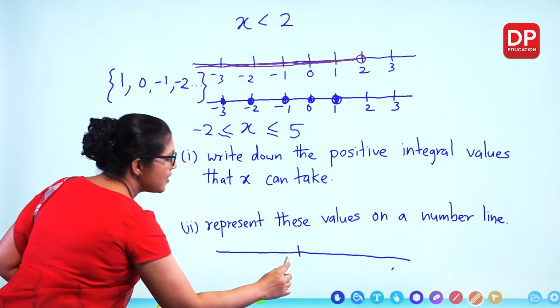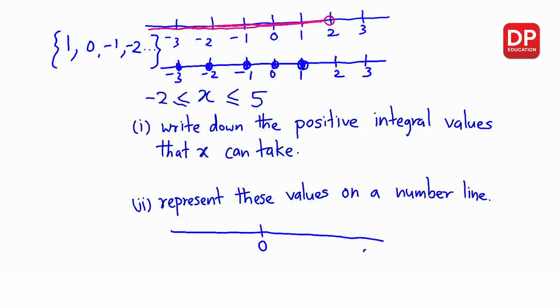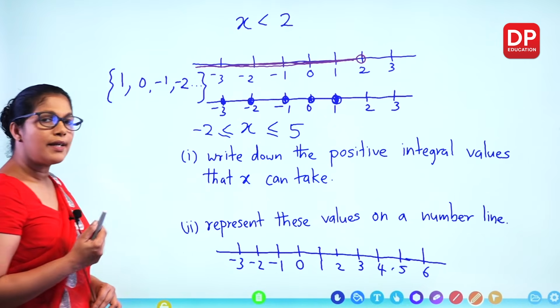Here 5 and -2 are there, so I can start from 0 and mark 1, 2, 3, 4, 5 there, an extra number as well, and starting from this side -1, -2, -3. Now we can mark the numbers.